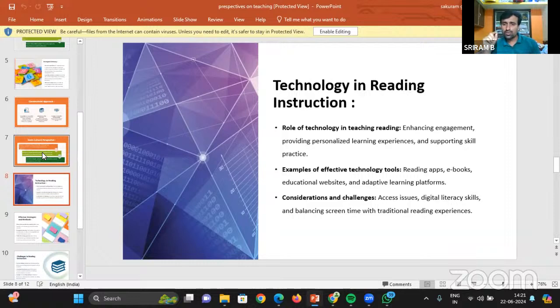So what happens? That's there. But I'm particularly talking about the access issues. JNU, Jawaharlal Nehru University, is situated in Delhi, or Delhi University, or Hyderabad Central University.